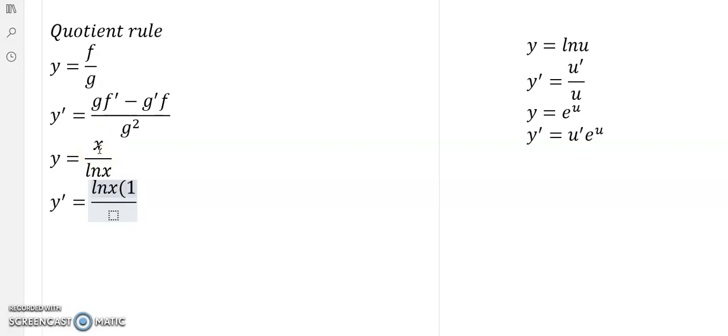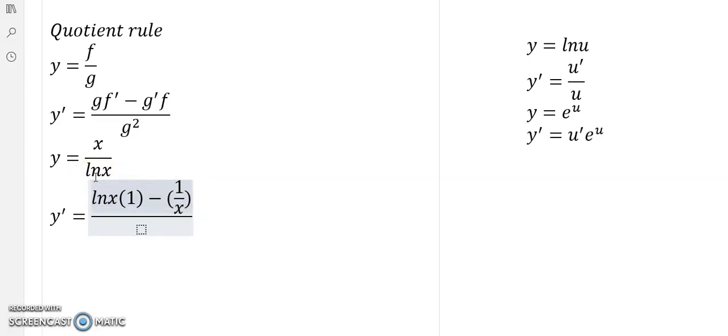Then we will have 1 minus, this time around we're going to derive ln x, but the derivative of ln x is 1 divided by x, and we have to keep f constant.